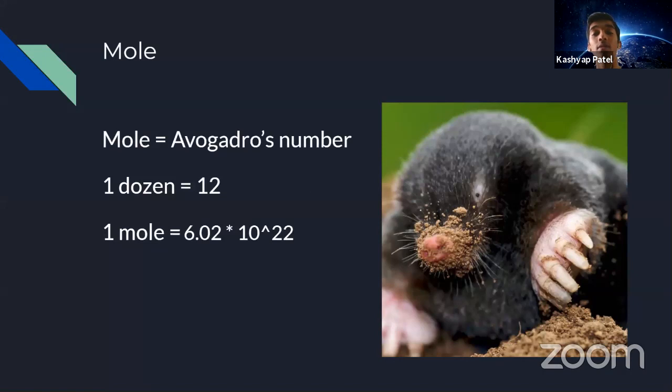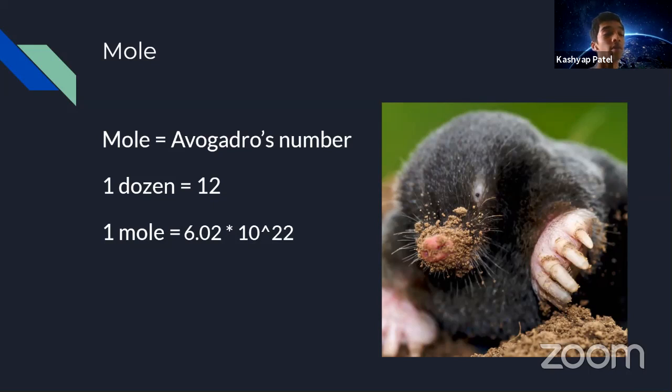Okay, so next is the mole. The mole is Avogadro's number, but not in number form. So we would say 1 dozen is 12, and a mole would be 6.02 times 10 to the 22. So a mole is Avogadro's number.